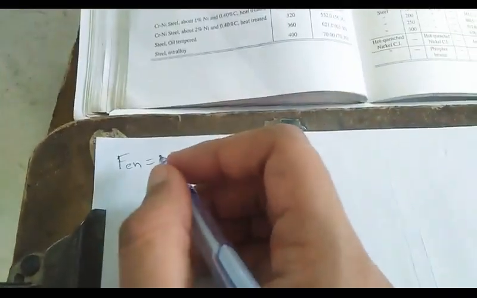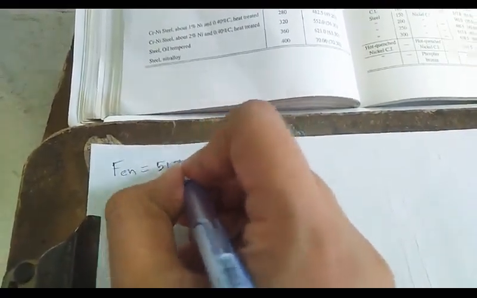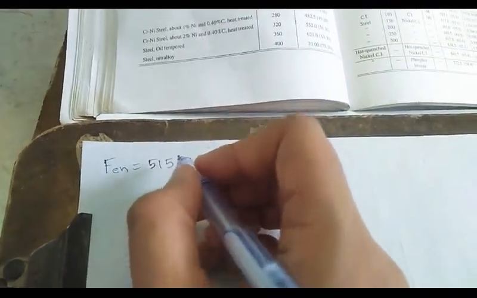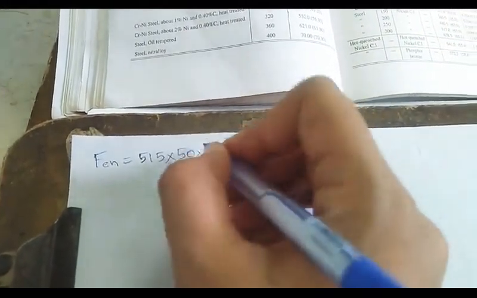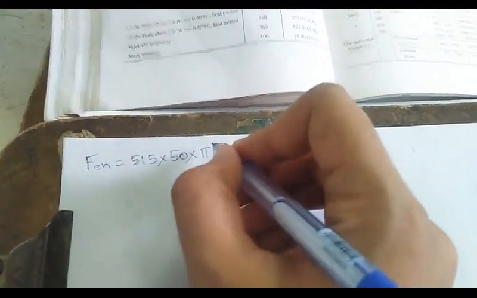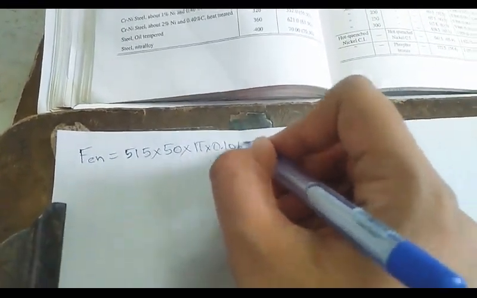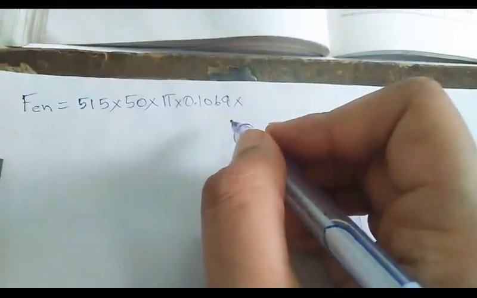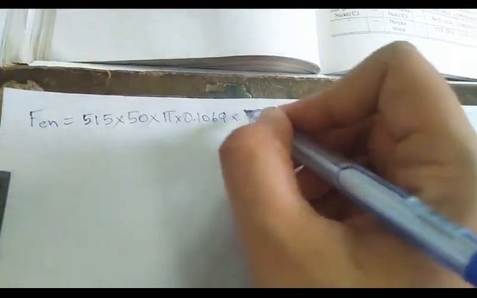Now we will find the value of endurance force. 515 into 50 into pi into 2.1069 into m is 5.